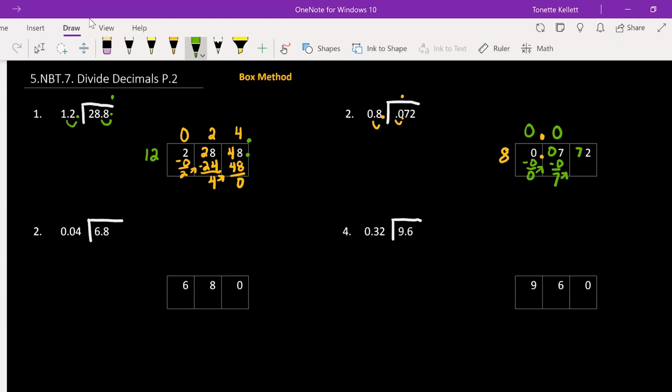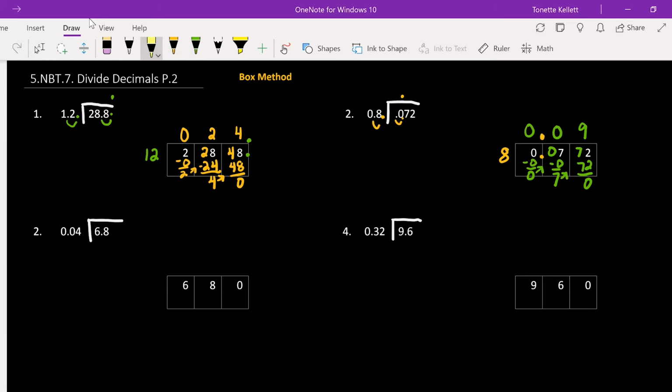You've got 72. That's one of the multiples of 8. 8 times 9 is 72. So put a 9 up there in the quotient. 8 times 9 is 72. And you have your answer. It's 9/100. All right, let's do another one.